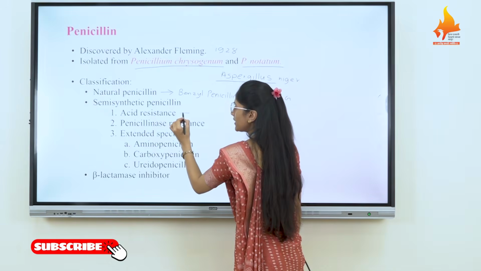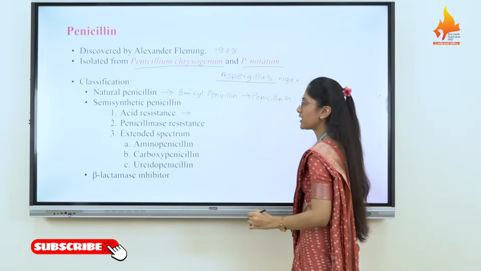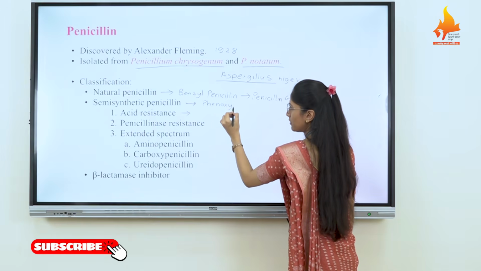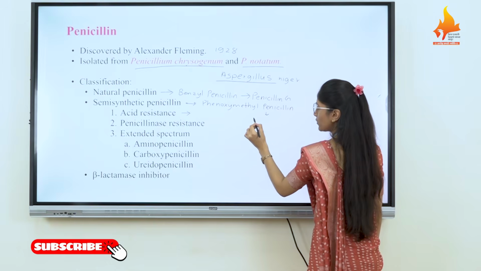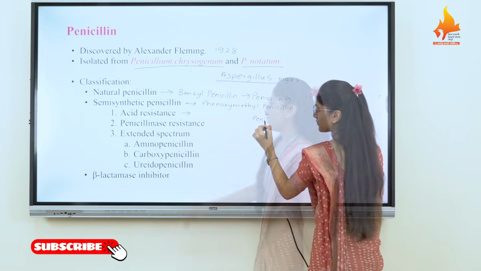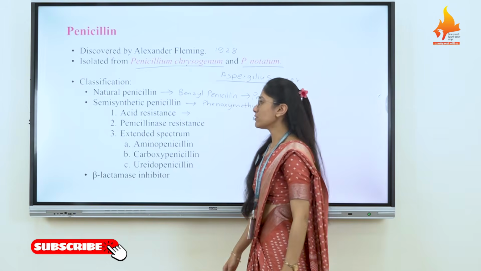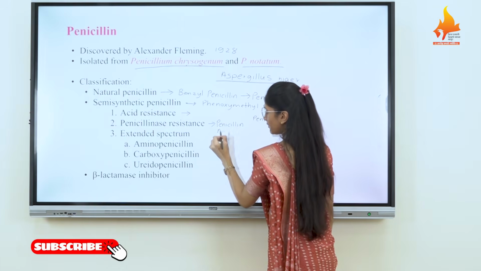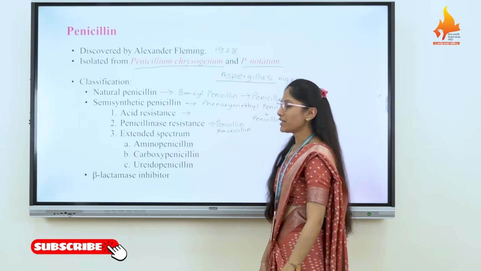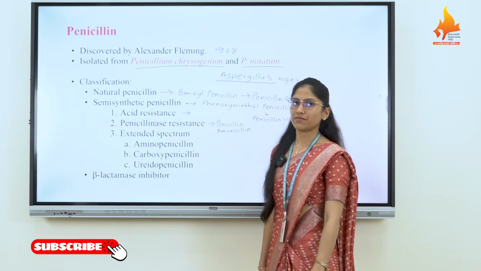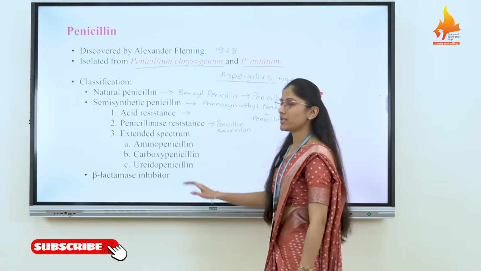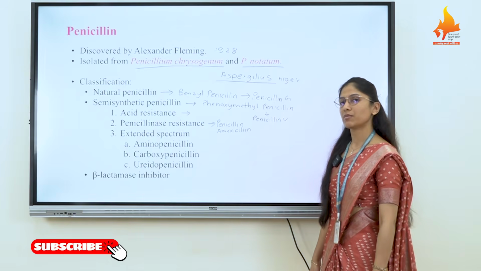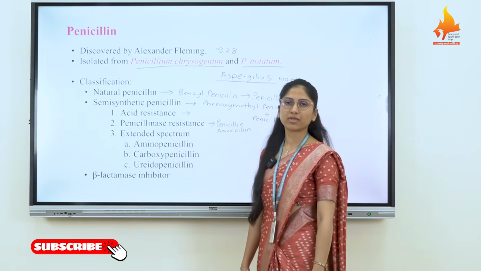Acid resistant semisynthetic penicillin includes phenoxymethyl penicillin, which is also known as penicillin V. Penicillinase resistant, example is penicillin and amoxicillin. Extended spectrum penicillins are again classified into three types: aminopenicillin, carboxypenicillin, and uridopenicillin, which basically depends upon their chemical nature.